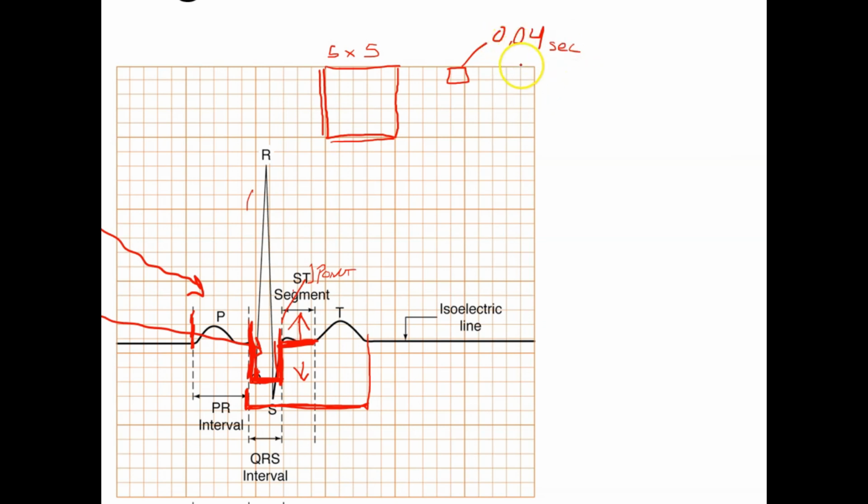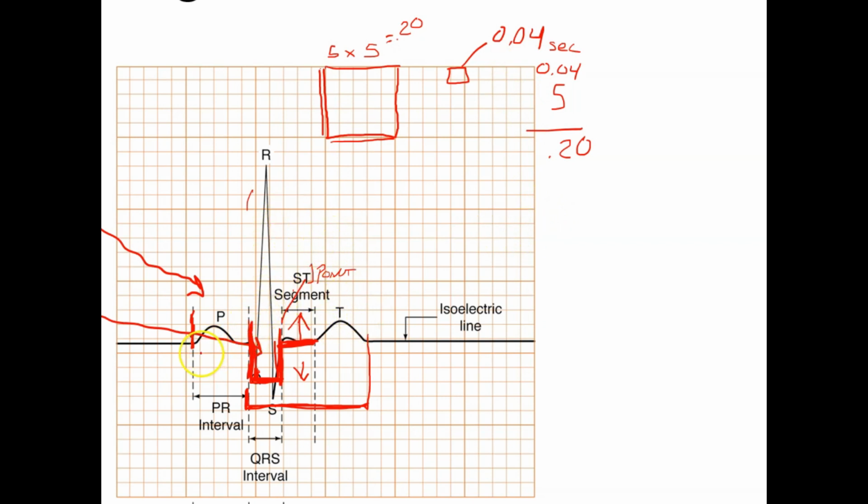When I take 5 times 0.04, this gives me 0.20 seconds of time. So one big block, or one 5 by 5, is equal to 0.20 seconds of time, whereas one small block is worth 0.04 seconds of time. Okay, so that's how we start to determine these.